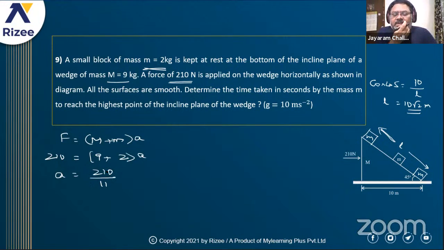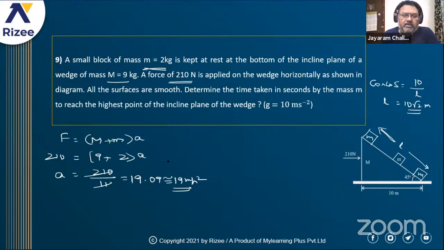So in this particular case, this should be approximately 19 meter per second square. Just for the case, I'll go for the nearest integer here.